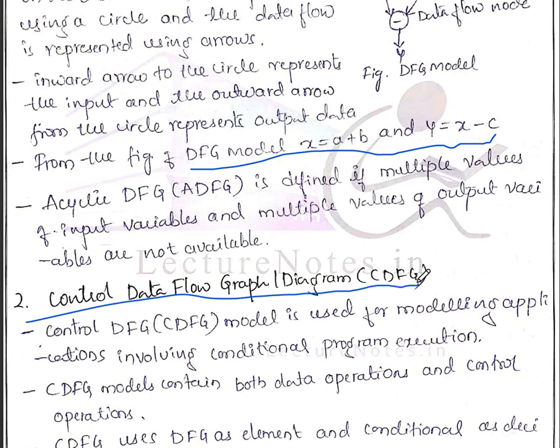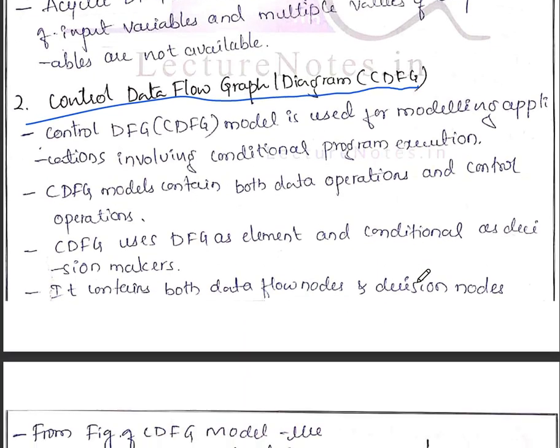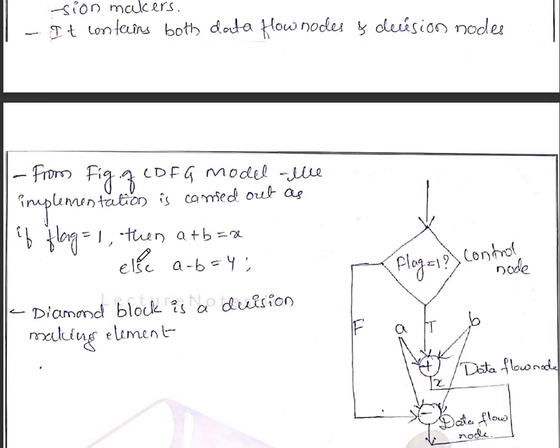It is used for modeling applications involving conditional program execution. Similar to the DFG, in CDFG the output is based on the certain condition. So here you can see, if flag is equal to 1, if it is true it will move further, if it is false it will directly go to the subtraction block.